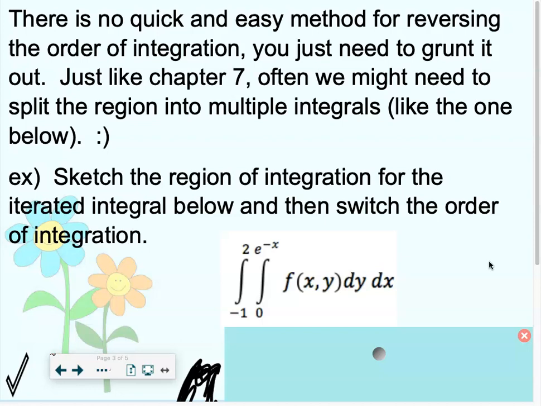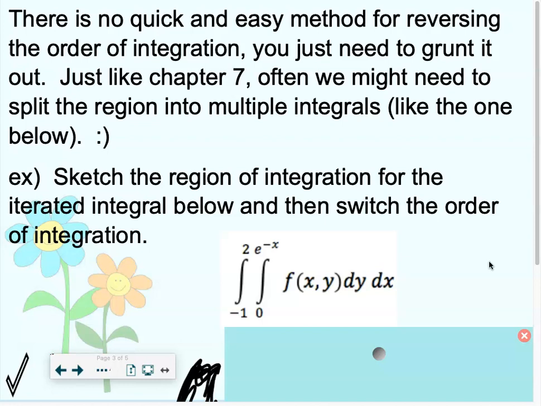So just like last year in chapter 7, when you have a region like this, if I do this top minus bottom, it's really easy. It's this function minus this function.